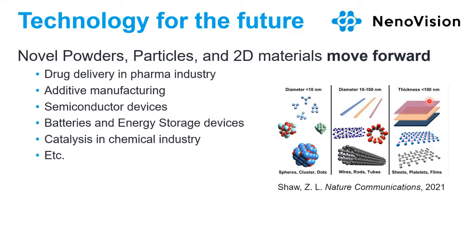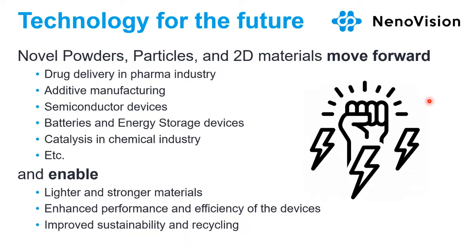And so in this way, if we are able to understand the properties on the micro and nanoscale, we can move the technology forward in the future in drug delivery in the pharmaceutical industry, additive manufacturing, semiconductors, or batteries, and so on.